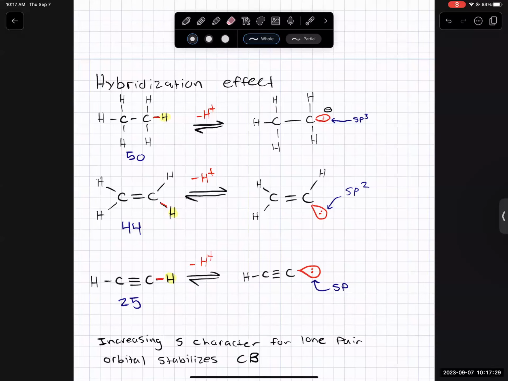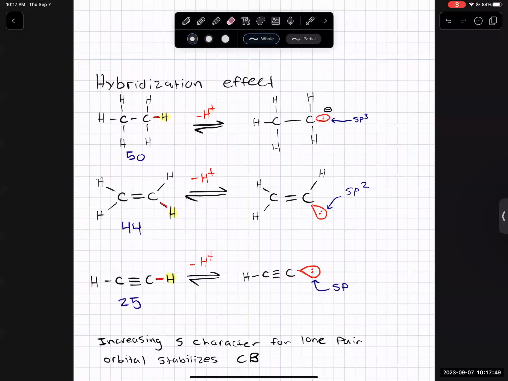Smaller orbitals are closer to the nucleus. The electrons want to be closer to the nucleus because they're negatively charged and the nucleus is positively charged. So that's a stabilizing effect when they're close together. So the more s character you have means they're closer to the nucleus, which means more stable.